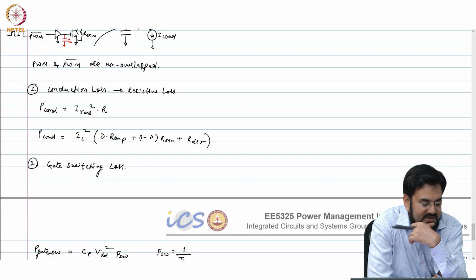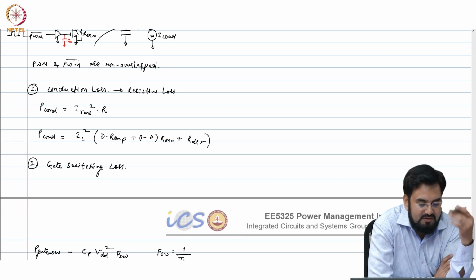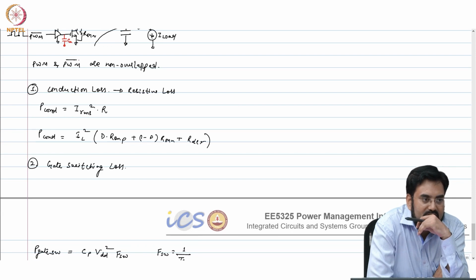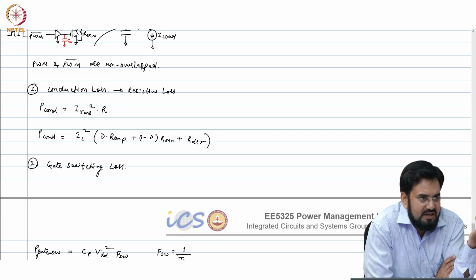So how much load current should be there to have the total power? Let's say your output voltage is 1 volt. Okay, so load current is, let's say, 1 milliamp. So 1 milliwatt you are delivering, correct? And conduction losses will be quite negligible at 1 milliamp.